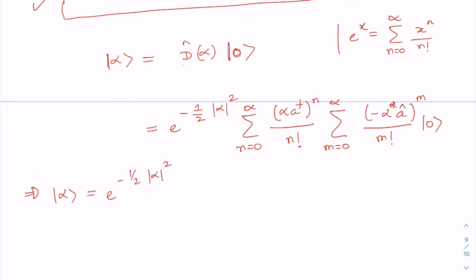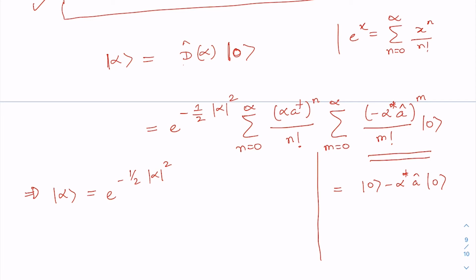Now just look at this expression here. If you break it up, you will see that in this summation, the first term, for m is equal to 0, you will have ket 0, and the second term, for m is equal to 1, you will have minus alpha star a ket 0.